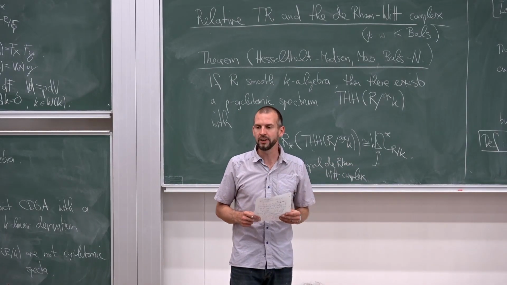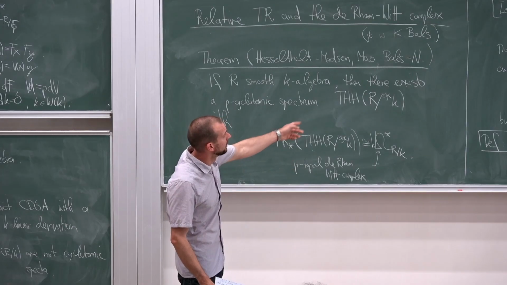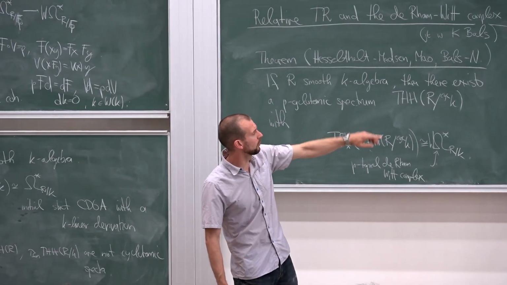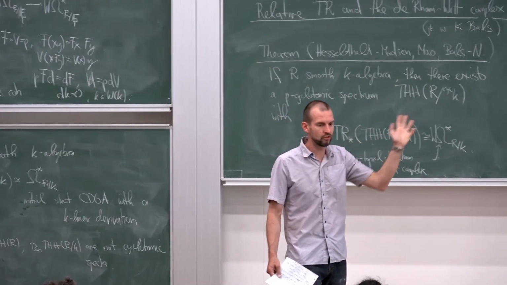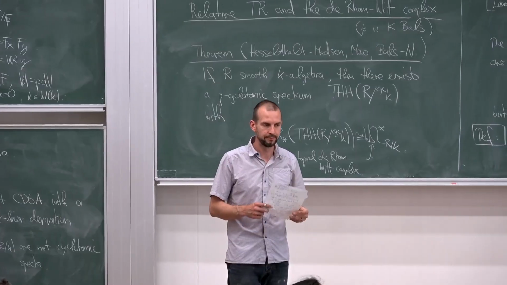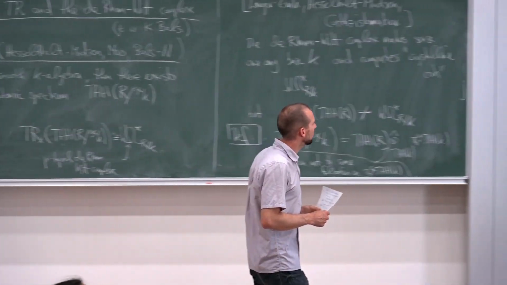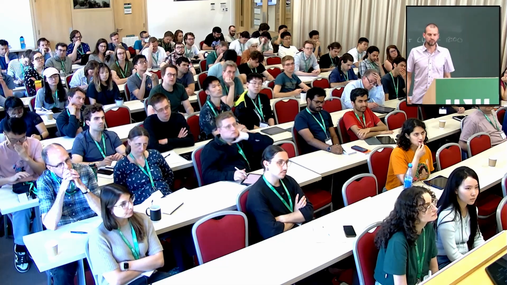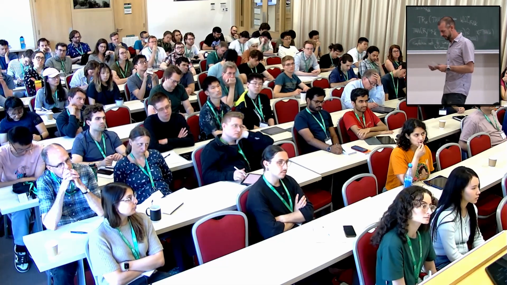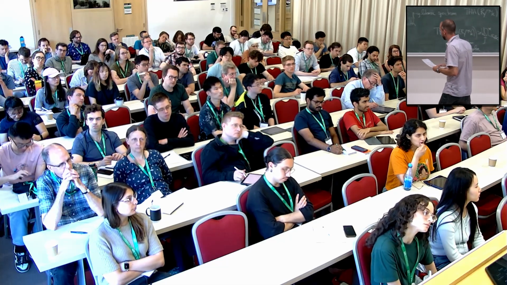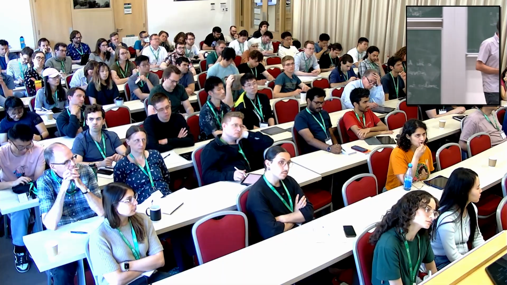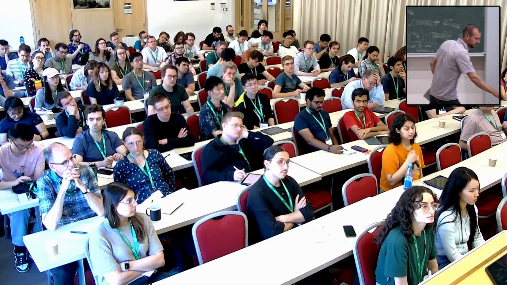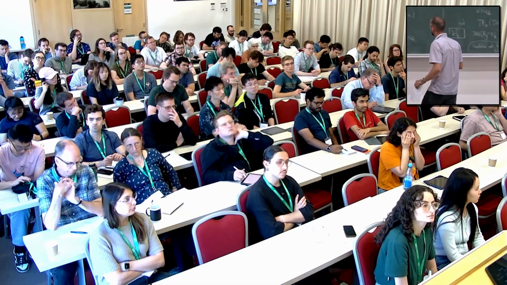That's what you can also do here. In the case of smooth algebras or polynomial rings, it turns out that this derived de Rham Witt complex just reduces to the ordinary one. It's surprisingly subtle to get the completion right on the derived de Rham Witt complex. Okay, this is the theorem, and let me make a bunch of remarks about this result.